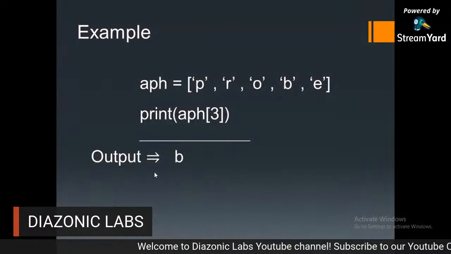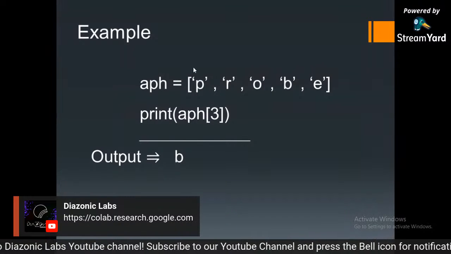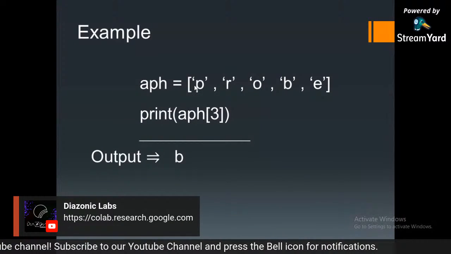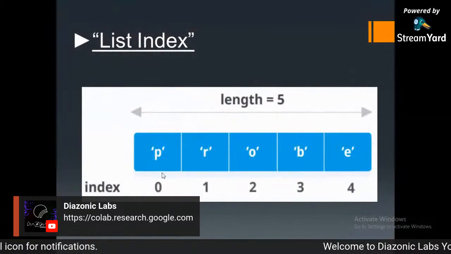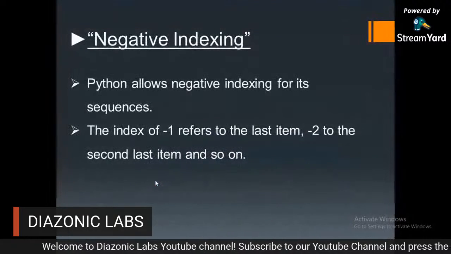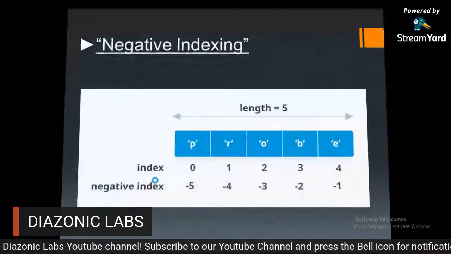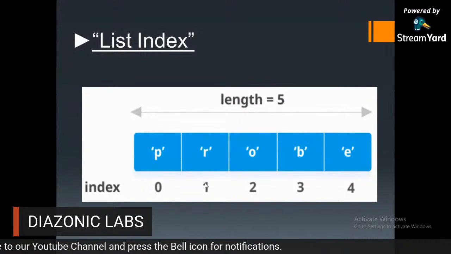As you can see, the first element of the list is assigned to index 0, the next element is assigned to index 1, and so on.